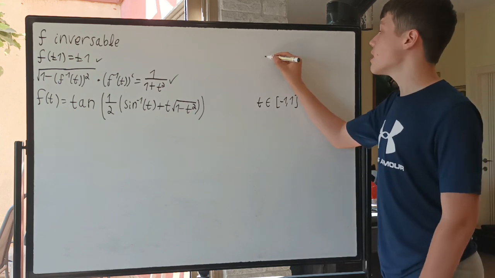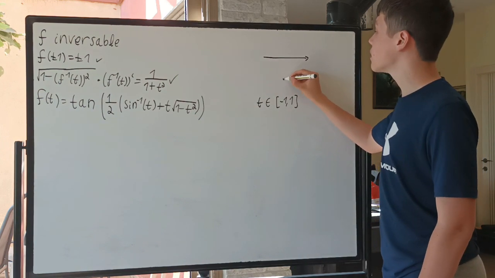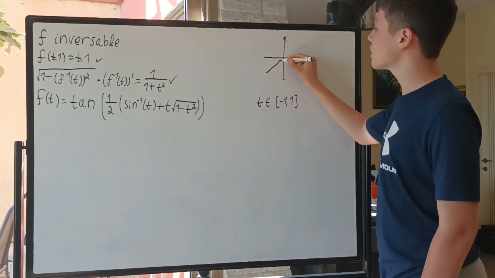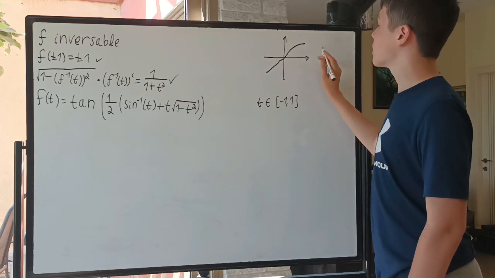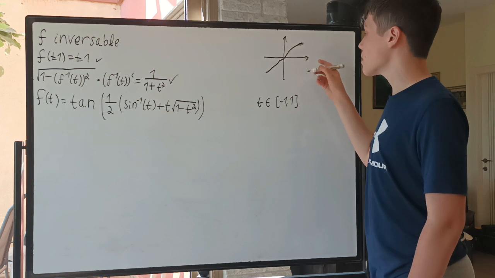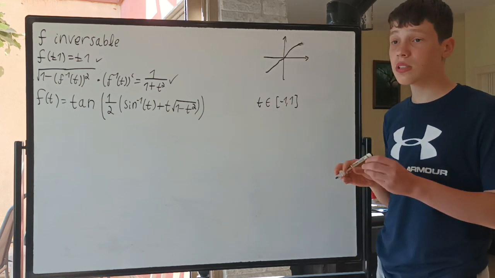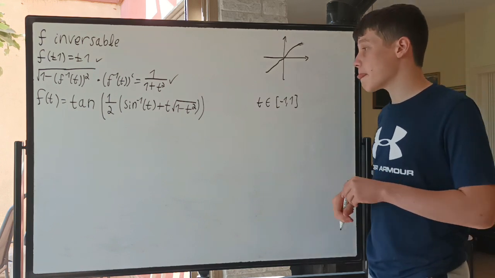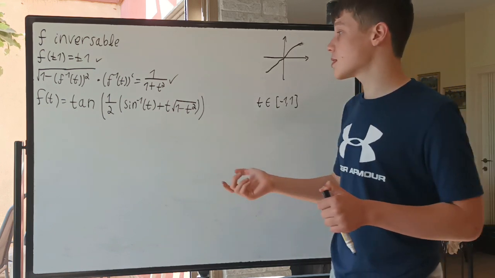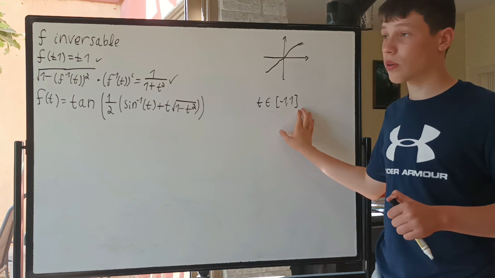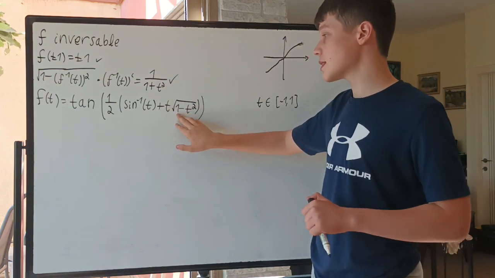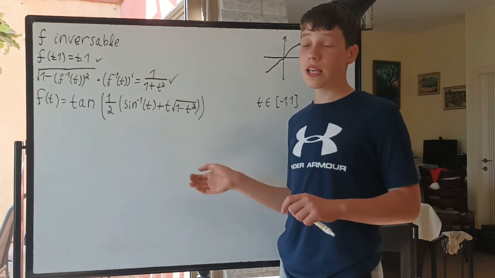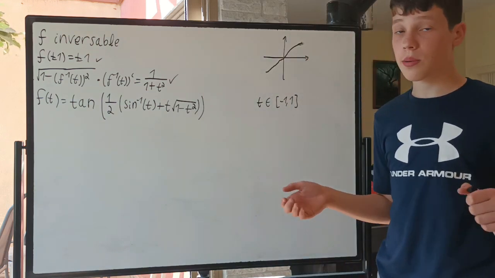In fact, if you plot it, you get something like this. It's a bit exaggerated, but that's essentially how it looks. So it's continuous, and there's no reason why it shouldn't be, because on the interval from negative 1 to 1, this is continuous, their sum is continuous, one half of them is continuous, and their tangent is also obviously continuous.